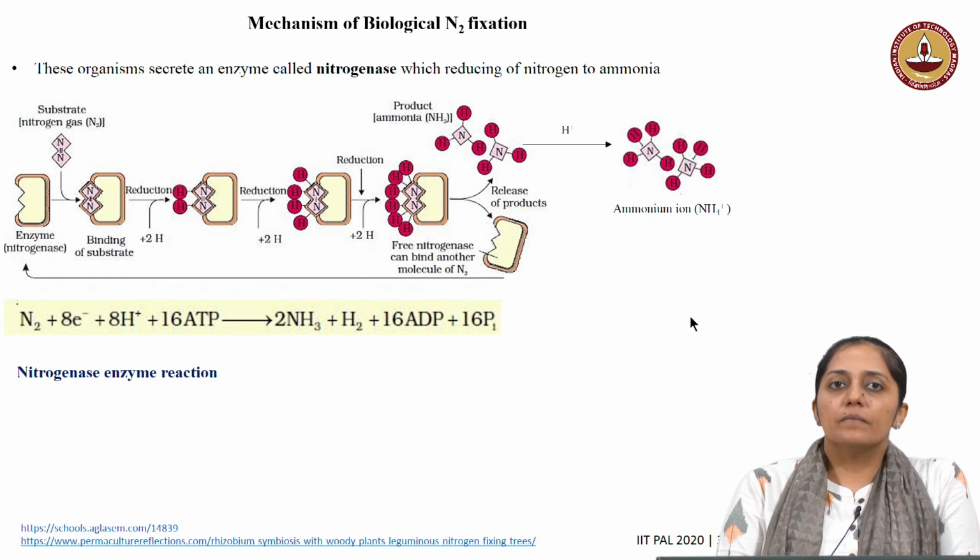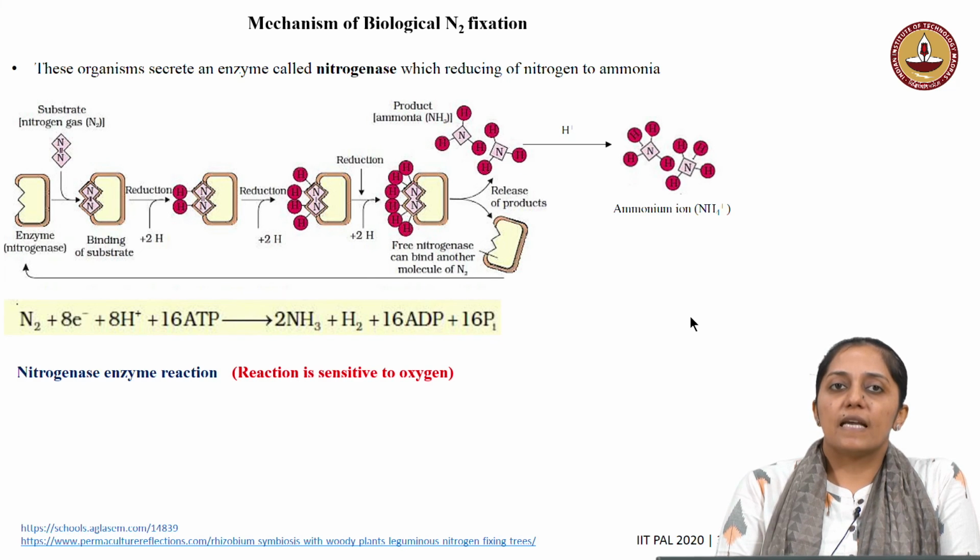So, the mechanism is an energy driven process in which the enzyme nitrogenase is used, where the atmospheric nitrogen is biochemically converted to ammonium ions. Now, this reaction is sensitive to oxygen.